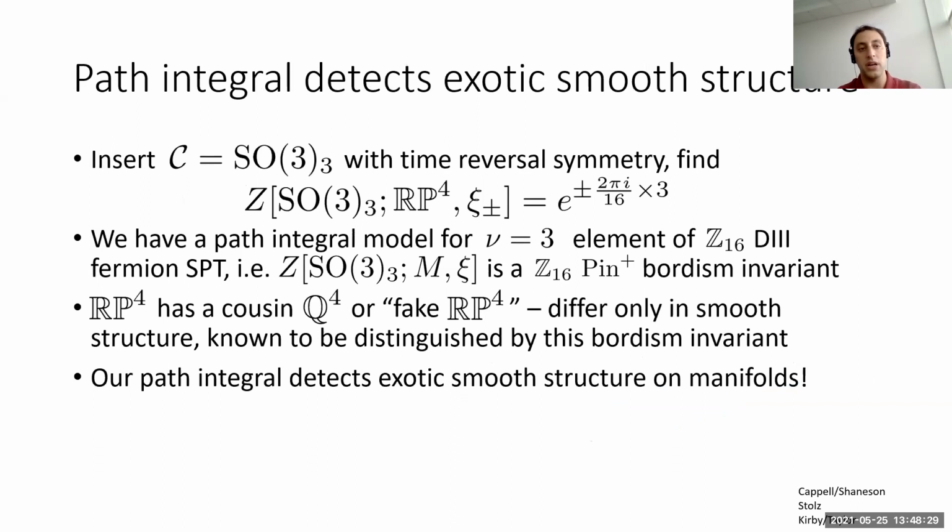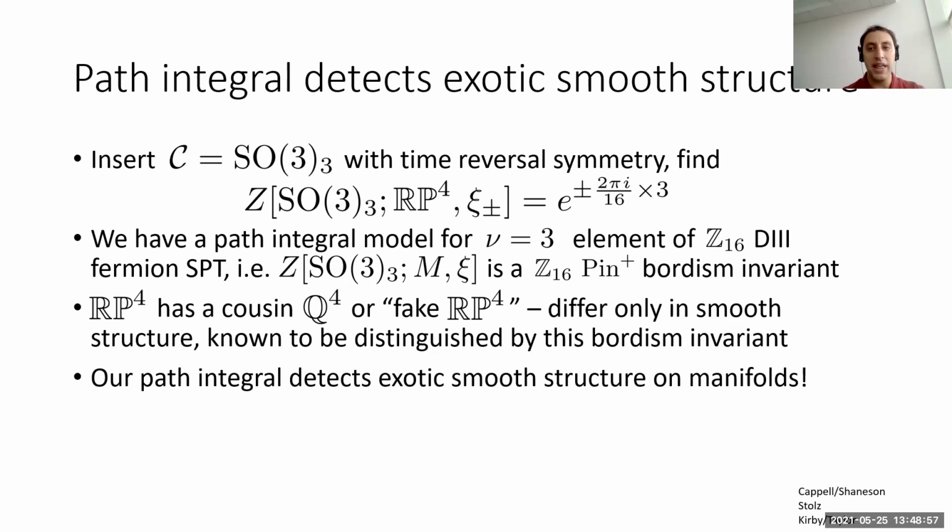But I bring up this example in particular for a mathematical reason, which is that for a particular input category with time reversal symmetry, which is this SO(3) level 3 supermodular category, we find that our construction produces an SPT, which is the nu equals 3 element of the Z16 classification in the symmetry class.